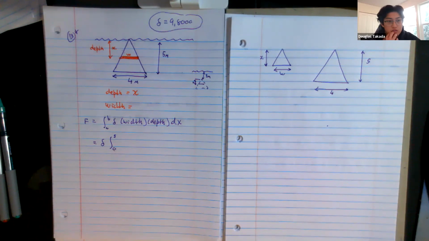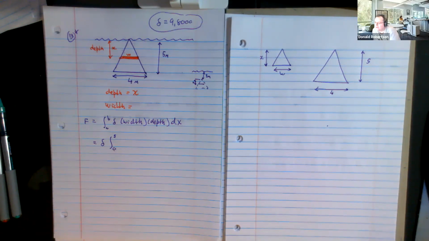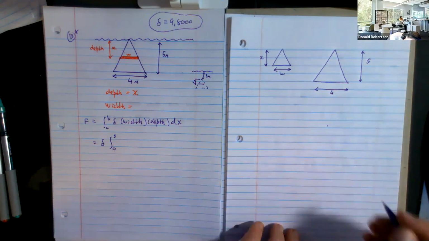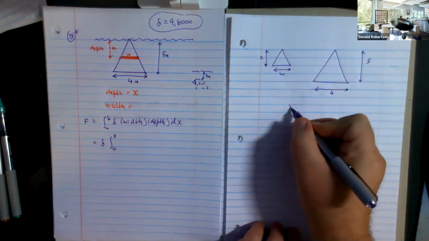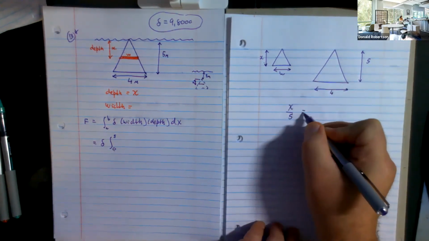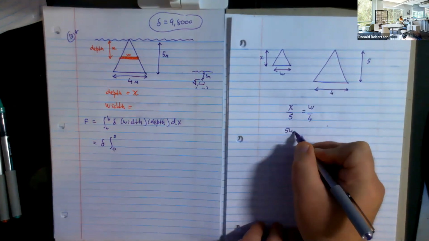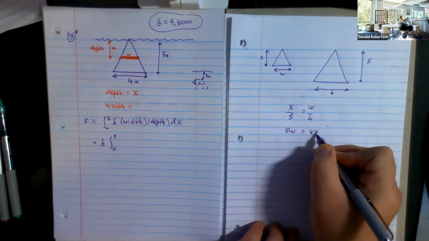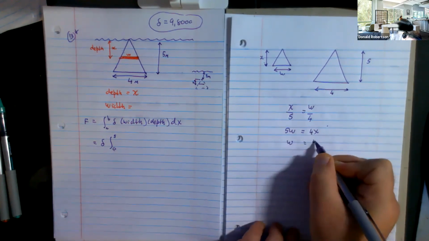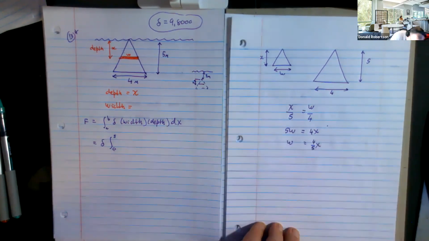Yes, they're still ratios. So yes is the answer. So x over 5 is w over 4, which makes 5w equal 4x, which makes w 4/5 x.